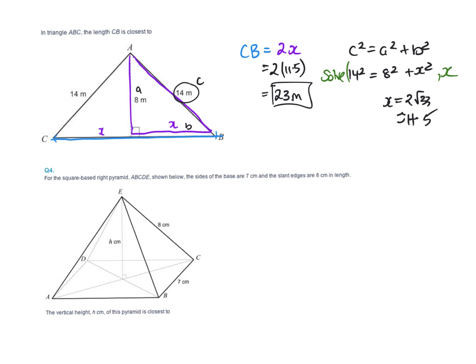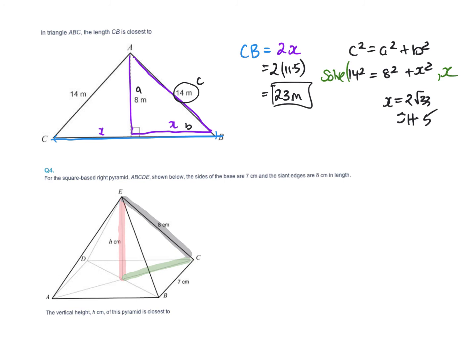Here's another 3D one. So with the square base pyramid, you need to find the height. So often I would say you sort of try to get the flat diagram of what you want. So here I'm going to have to use that triangle that I've just drawn out there.